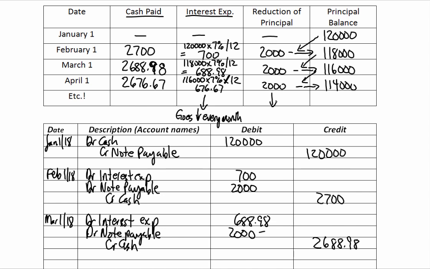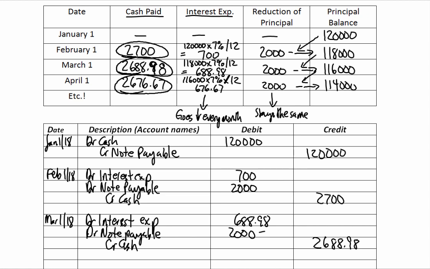This stays the same every single month because I've said I'm going to pay $2,000 in principal every single month. Right? That's what I'm saying. And because the interest portion is going down, my payment is going down. Notice every single month my payment gets smaller. That's because every single month my principal goes down, so I'm saving on my interest.